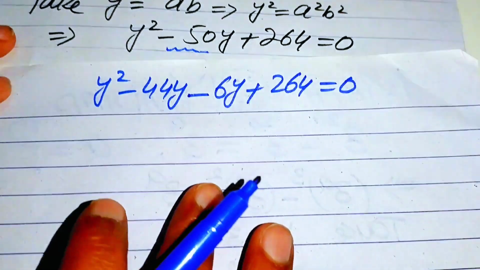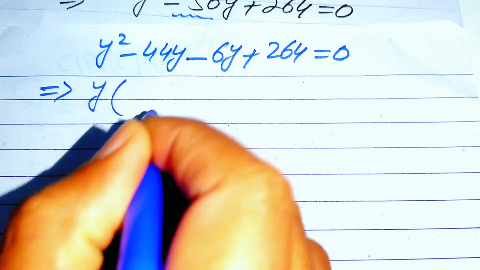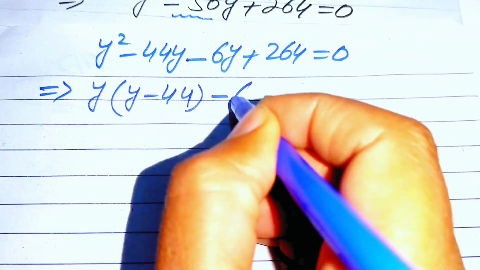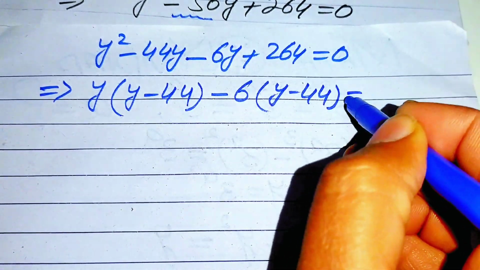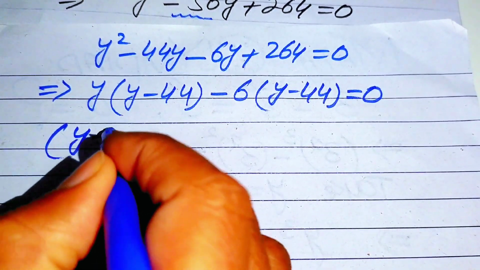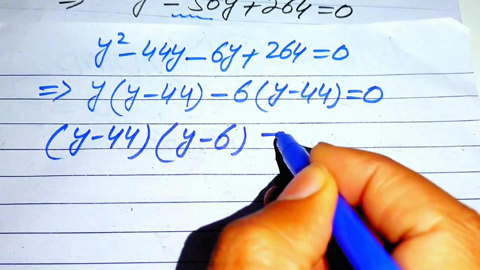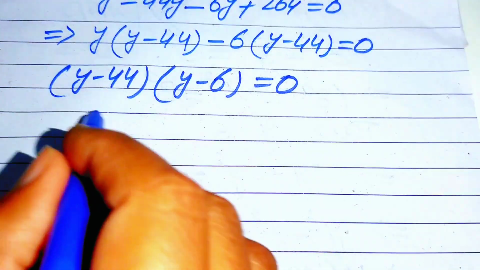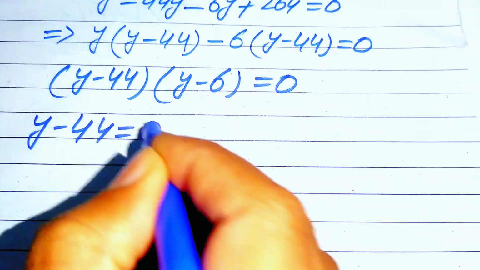And now we will take a common y from the first two terms, and it becomes y times y minus 44, and here we take common minus 6, and it becomes y minus 44, and this whole equals 0. So here we take common y minus 44, and it becomes y minus 6, and this whole equals 0.